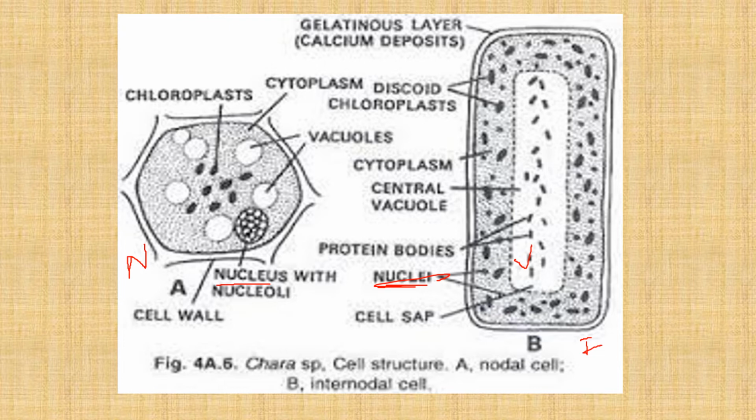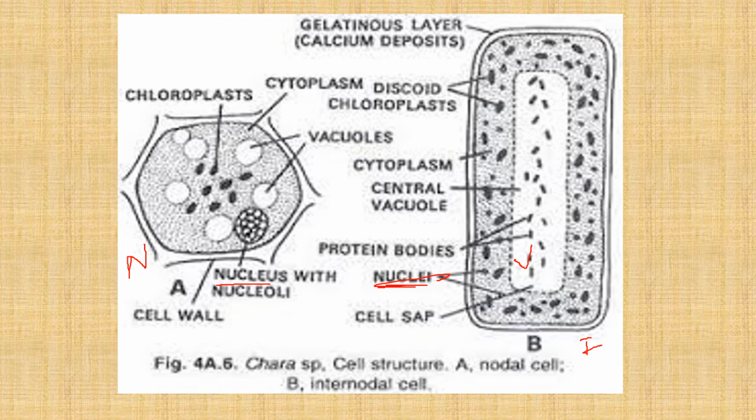So how does the nodal cell differ from the internodal? Number one is the size of vacuoles, then the number of nuclei. The third point is the cytoplasm. The cytoplasm is divided into dense ectoplasm and less dense endoplasm. The cytoplasmic streaming is found mostly in the endoplasm.